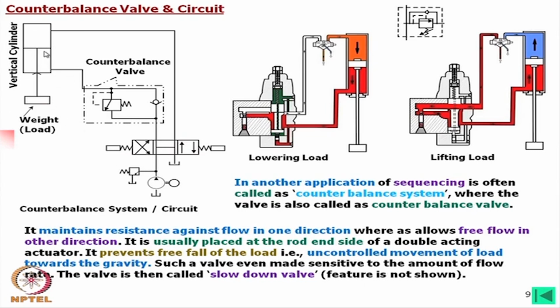On the other hand, to prevent the load from free falling, this oil will try to come this way, but it will not be able to go, because this is a non-return valve. Then the oil has to go through this pressure relief valve, and the setting depends on this load.